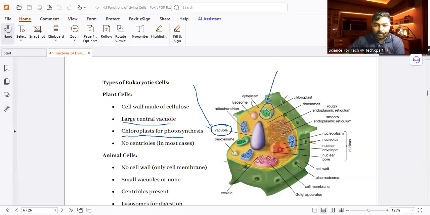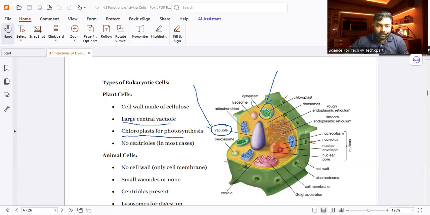And again, this is a kind of thing which you can only see in a plant cell. In the fungal cell, you can't see any chloroplast. In an animal cell, you can't see any chloroplast.